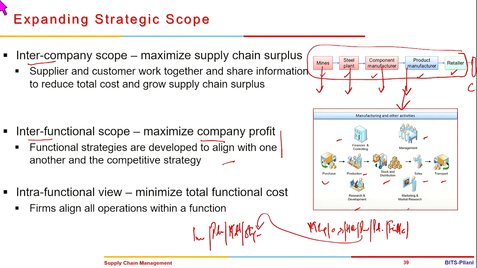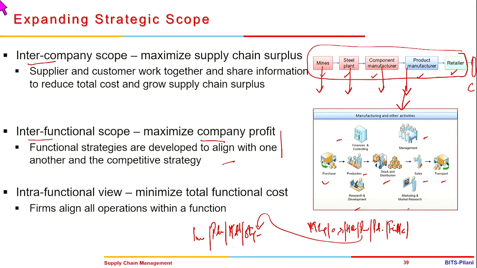We have seen that the competitive strategy of a company can be of two kinds. Either it is differentiation, which aims to garner more revenue, or it is cost leadership, which is to minimize the cost. The functional strategies of the company should also be aligned with that.